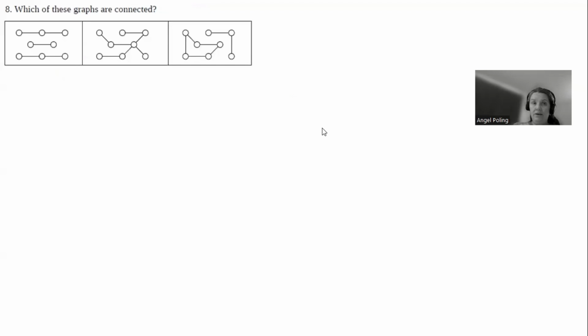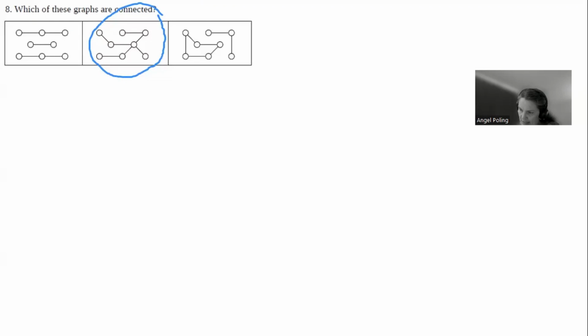In number 8, we're asking which of these graphs are connected. So the only graph here that's connected is the middle one. Otherwise, you cannot reach any other node starting from an arbitrary node.